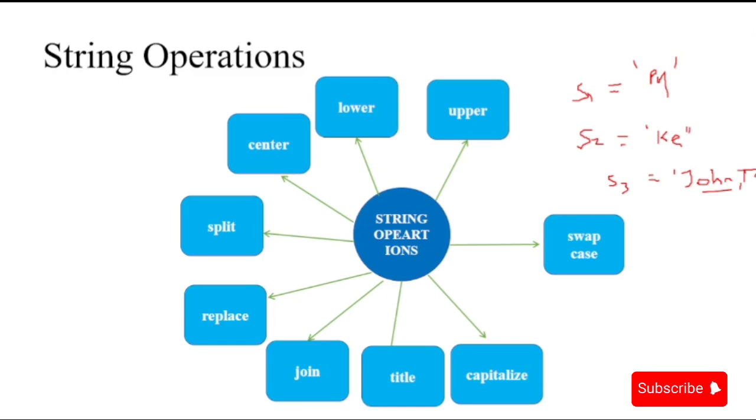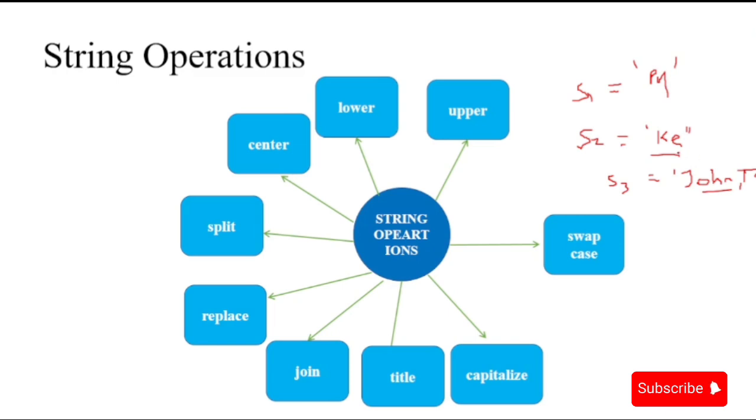And then we have center. The center string operation centers the string within a specified width, filling the remaining space with a specified character. For example, I have my string "ke". I will center this string within a specified width.